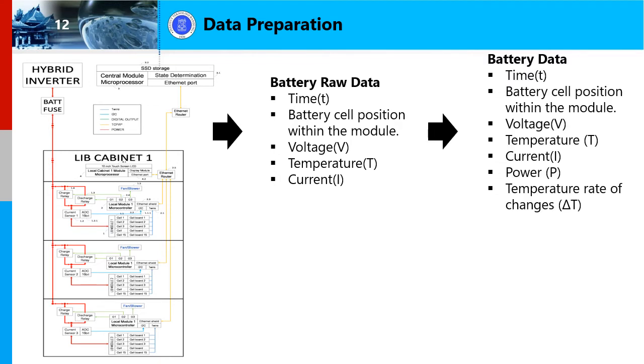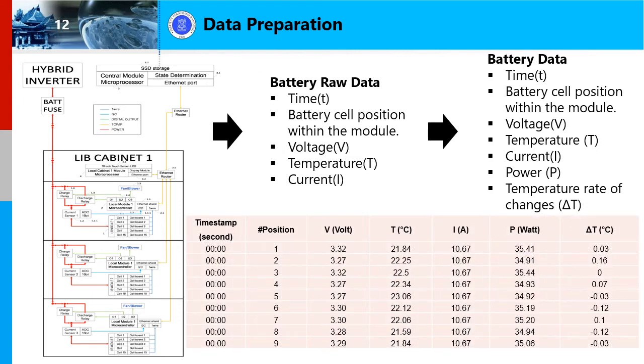From the raw data, we process the data and prepare it for the modeling phase. The battery raw data can produce time, battery cell position, voltage, temperature, current, and power from voltage and current, and temperature rate of change.